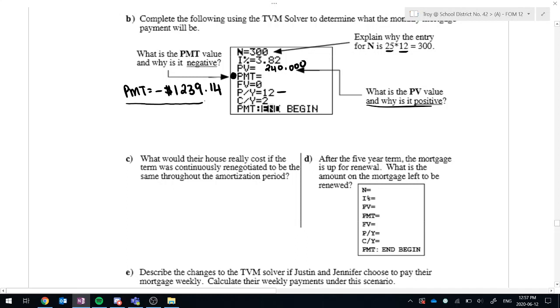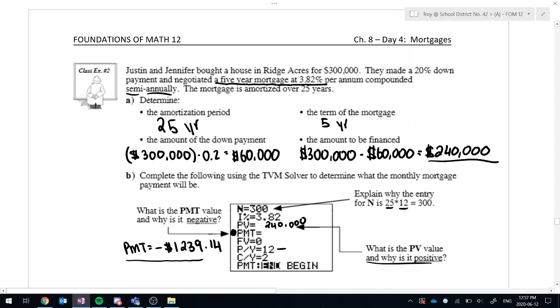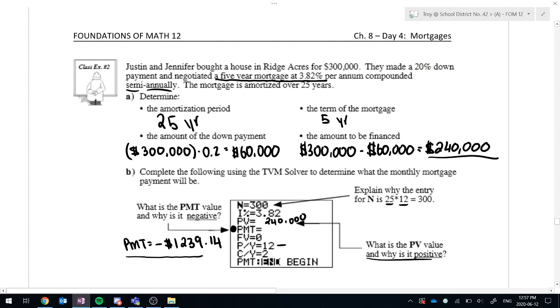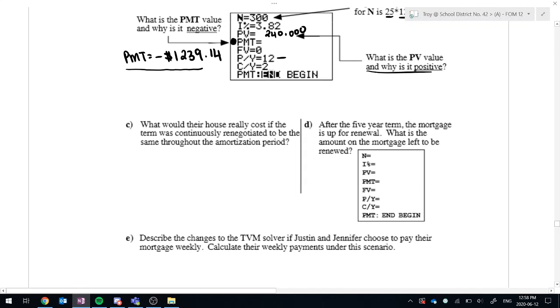They would continue to pay the exact same payments as they initially did here through their entire amortization period, not just that initial 5-year term that we calculated here initially.